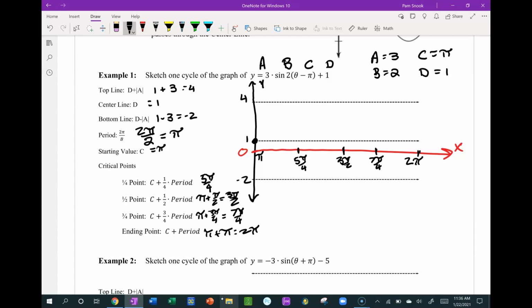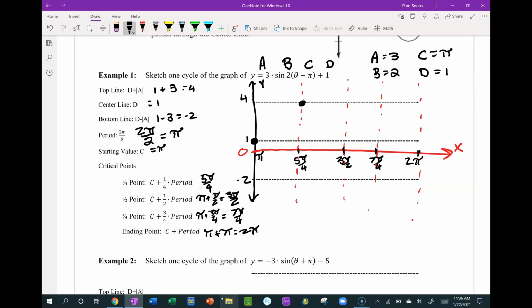So now I've got my graph kind of sectioned off. Here's my first section. Here's my second section. Here's the next one. And here's the last one. I'm just going to use these values and plot my graph. A sine graph always starts at your starting point and on the midline, which is going to be right here at 1. I'm then going to go up to the max, which is right there.